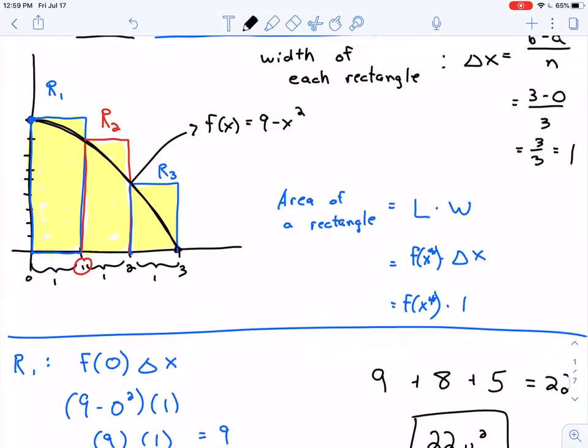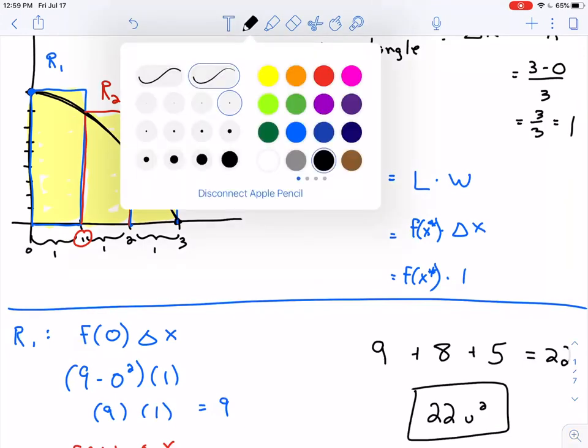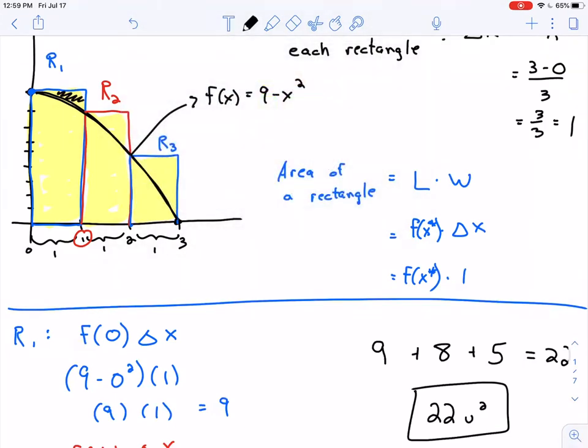Now, this is an approximation. I know that this is wrong because we said there's this little bit of overhang in each one of these sections, right? Each one of the rectangles is just a little bit too big. So a question that I will often ask is, is this estimate an overestimate or an underestimate?